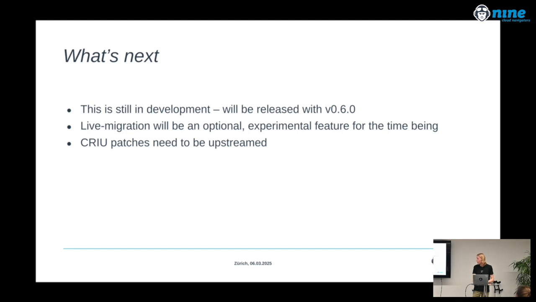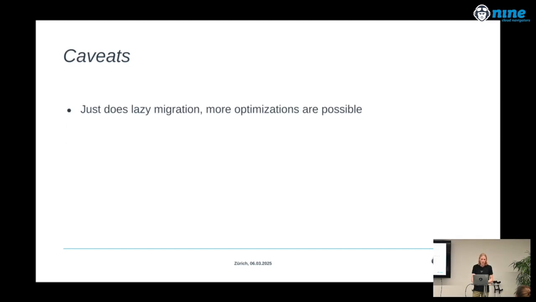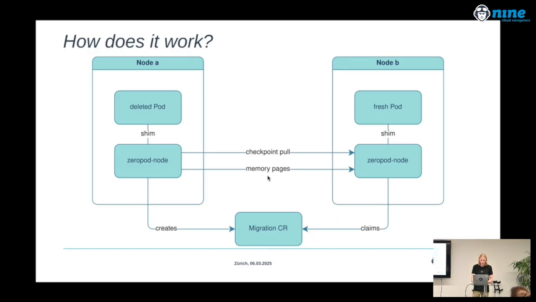And there are some patches I actually wrote for Creo. I left out quite a bit from this graph, because here the memory page pulling is done by starting a Creo page server on the old machine. It's a component of Creo which serves the memory pages usually over the network, but the issue is Creo just binds it to 0.0.0.0 on the host network.